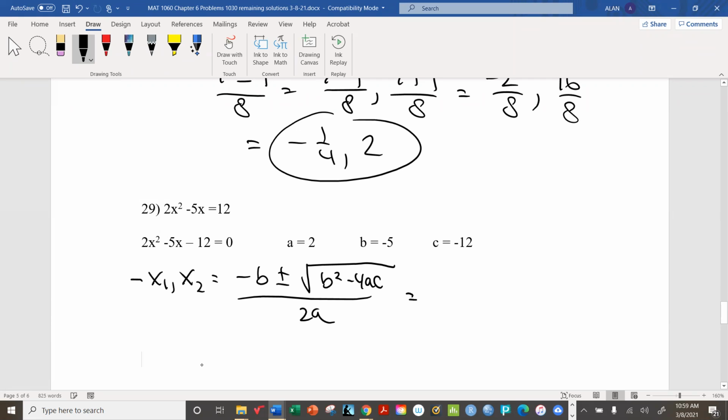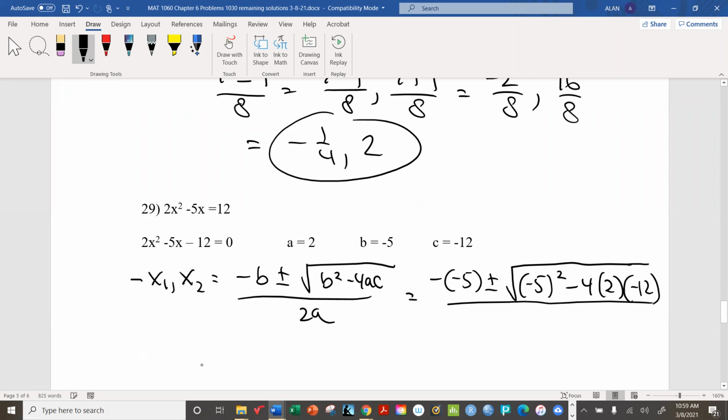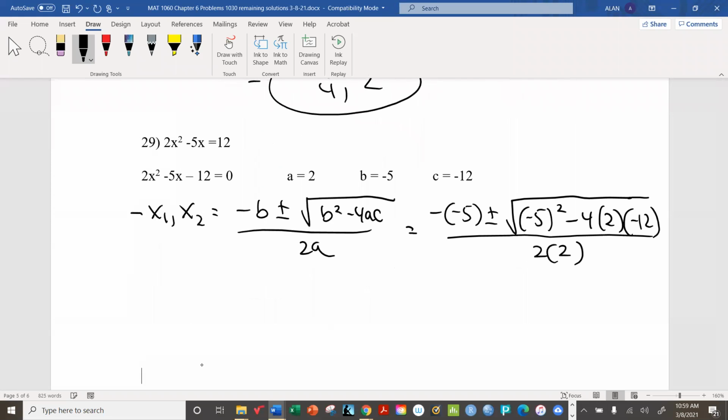Okay, so we've got minus a minus 5, plus and minus the square root of minus 5 squared, minus 4, 2, minus 12, all over 2 times 2. All right, so we'll have 5 plus and minus the square root of 25.